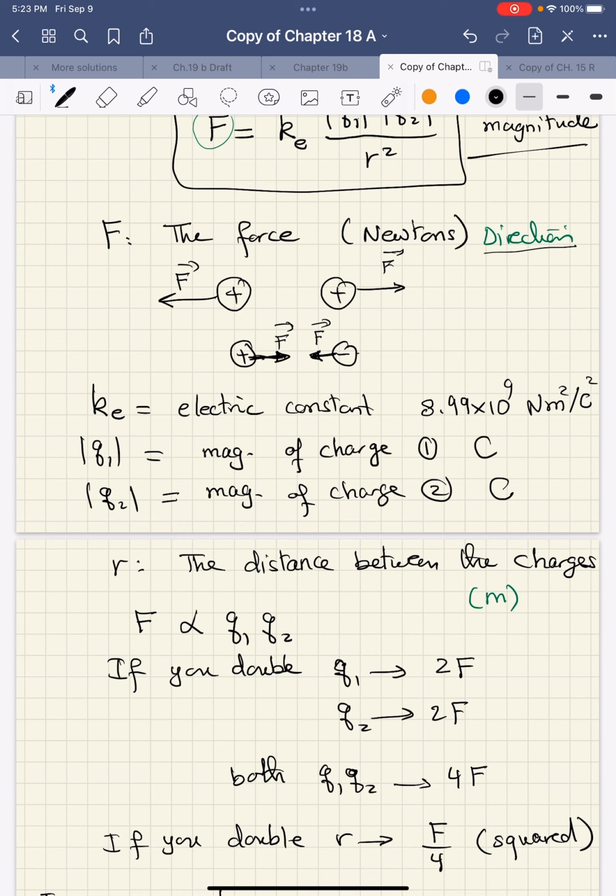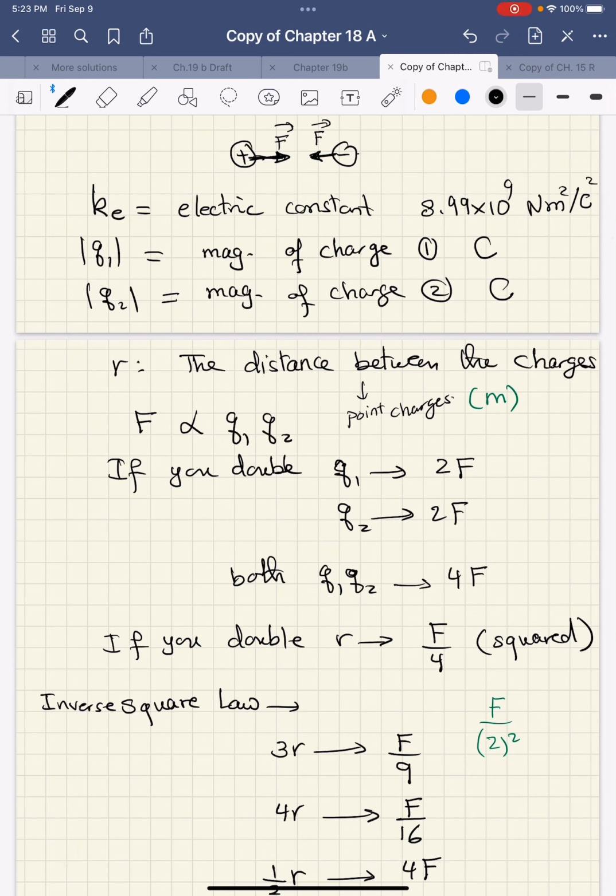The absolute value of Q1 is the magnitude of charge 1 in coulombs. The absolute value of Q2 is the magnitude of charge 2 in coulombs as well. R is the distance between the charges, and here we are considering the charges to be point charges, so they don't have a size.